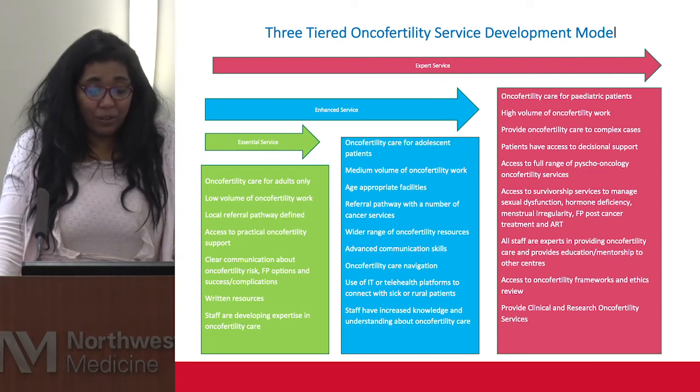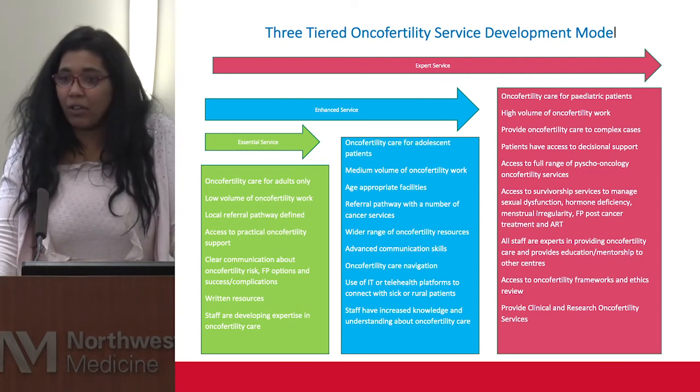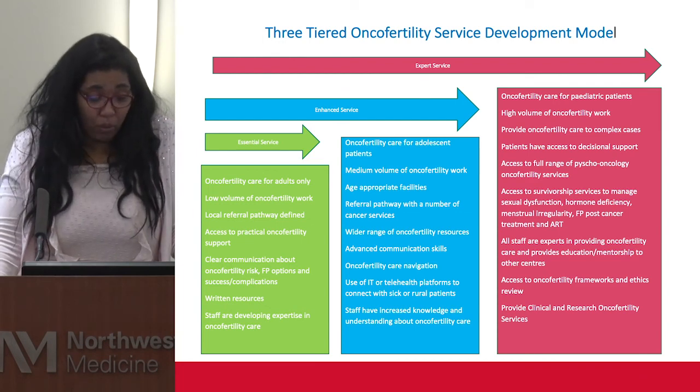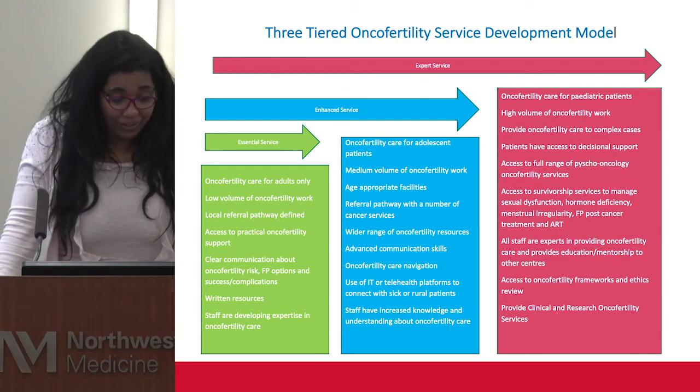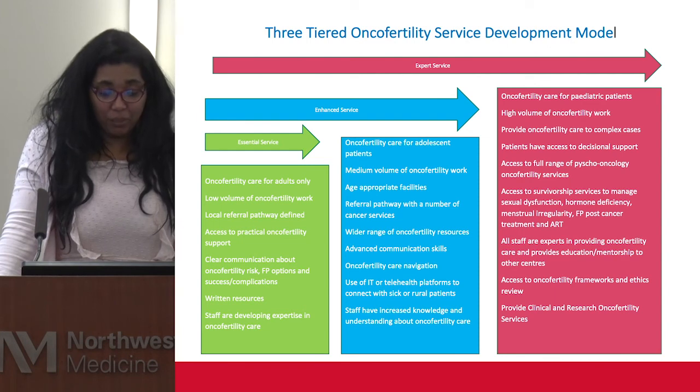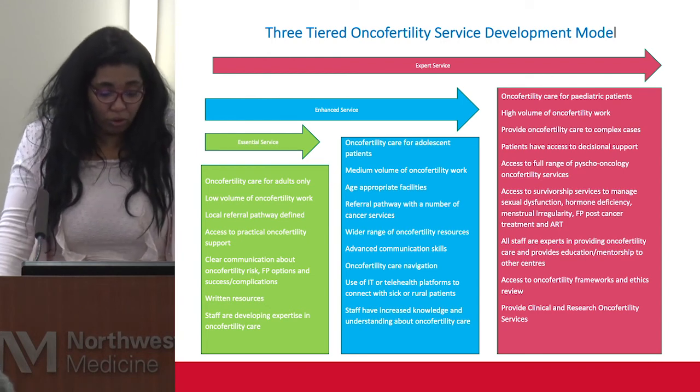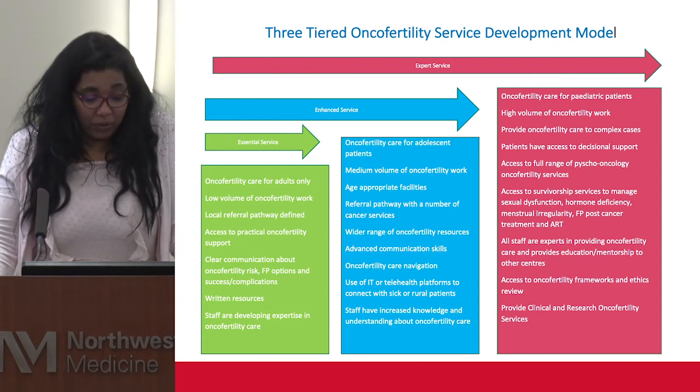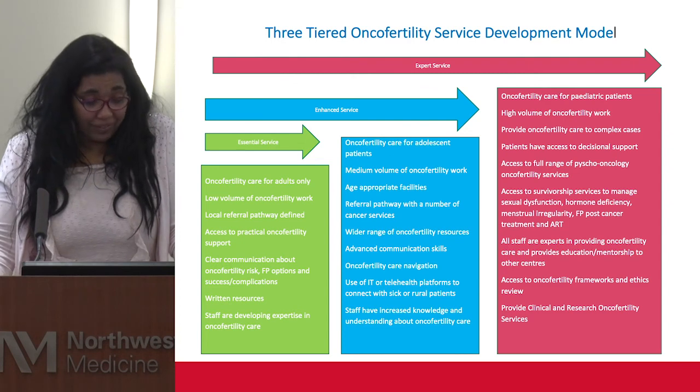There should be practical support, even if psycho-oncology support wasn't available at every centre. There needed to be clear communication, access to resources, and referral to experts potentially outside of that centre.